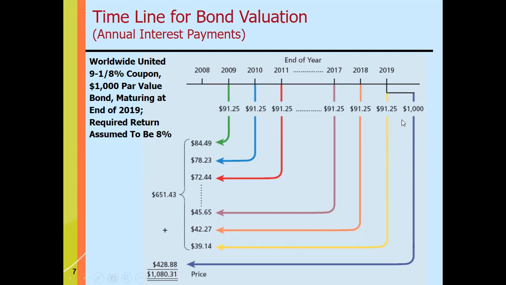Then we have here $1,000. So at the end of the period, which is actually the definition of the payment or the collection, because this is investment, so collection of the principal. So that is $428.88.